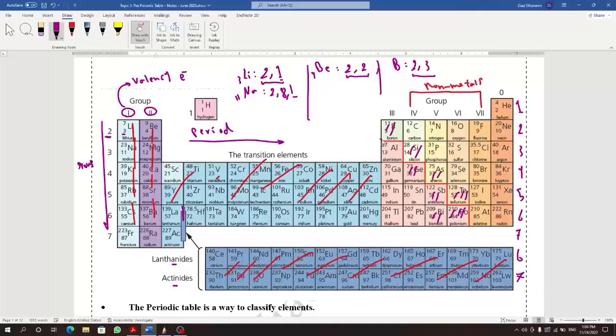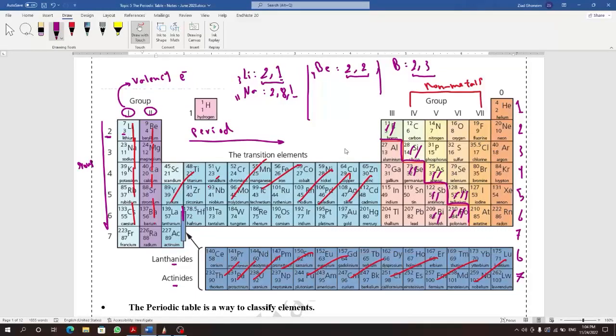All of these are metalloids. So what are metalloids? Metalloids are elements in between metals and non-metals. Their properties have some of these from metals and others from non-metals. They are also called semi-conductors.